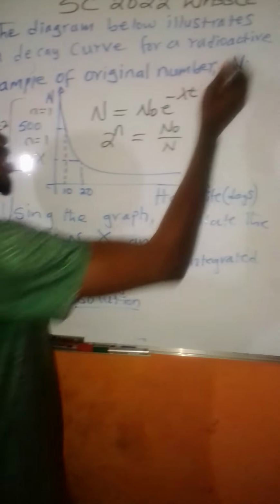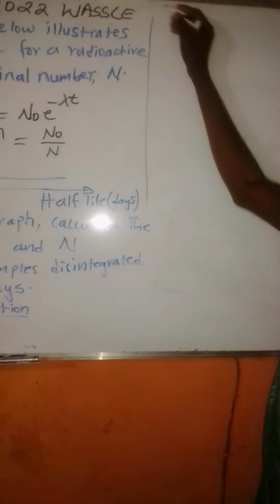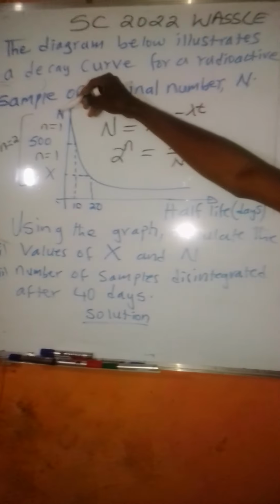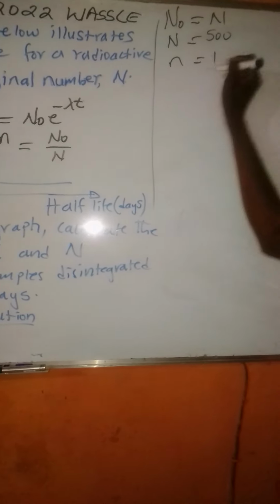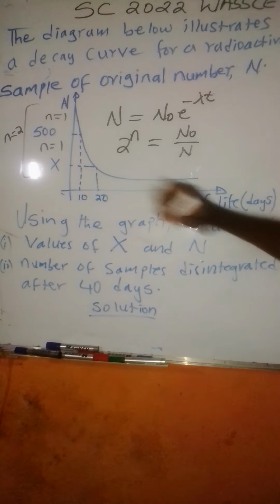So if we do that, the initial number, which is the starting N0, is given as N here, and similarly the final N, since we are continuing from N to 500, is given as 500. And the number of half-lives n is given as 1, because we are moving from N to 500.